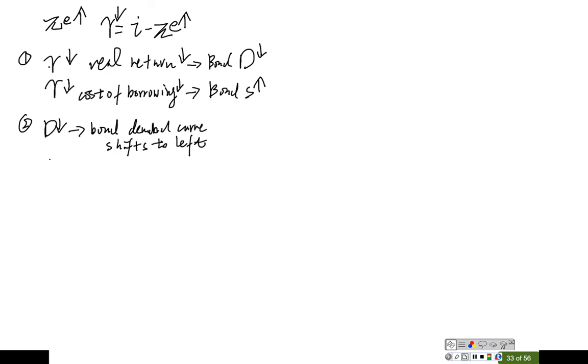And if the bond supply goes up, the bond supply curve shifts to the right. So let's take a look at the graph. Because both the bond demand and supply shift, there could be a couple of scenarios.